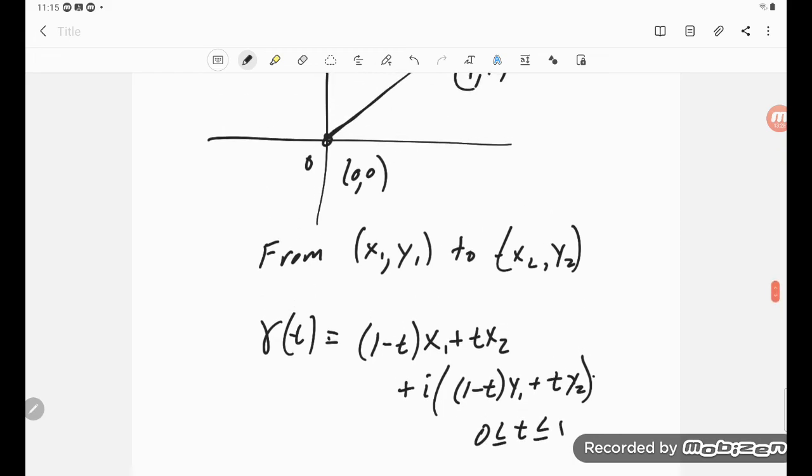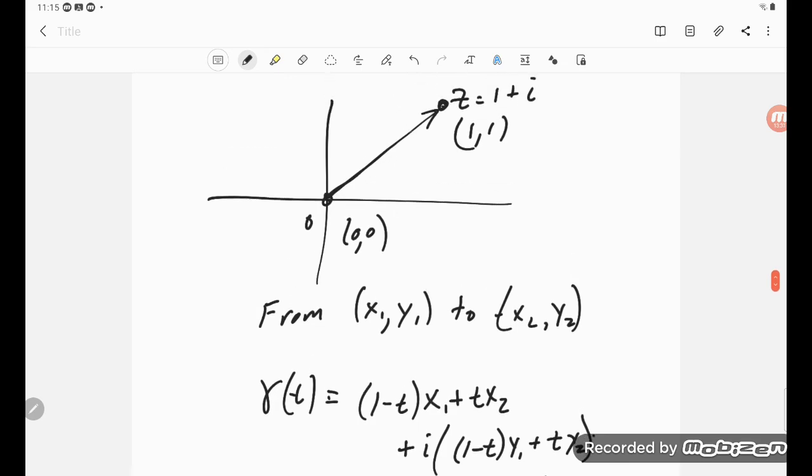And that will always create that line segment between the two points. And it's always from this x1 to that x2.